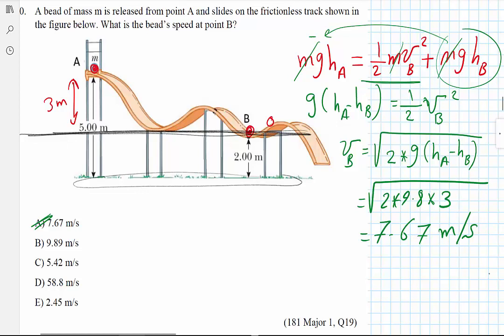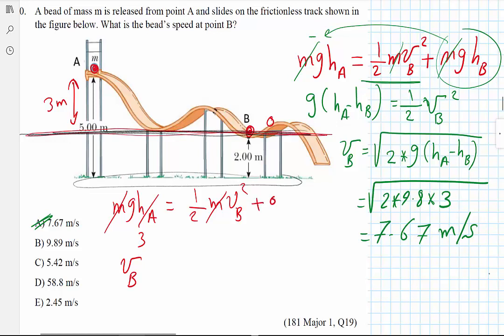So now at point A, we have potential energy, which is mgh. And at point B, we have kinetic energy, half mvb square, but we don't have height. So the equation will be very simple now. mgh is half mvb square. So vb can be found that it's the root of 2 times g times h.